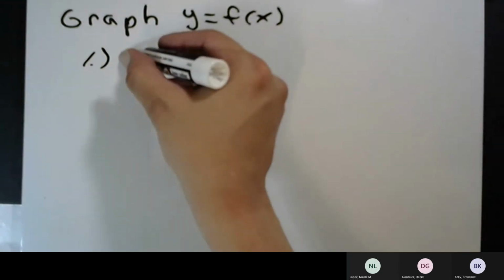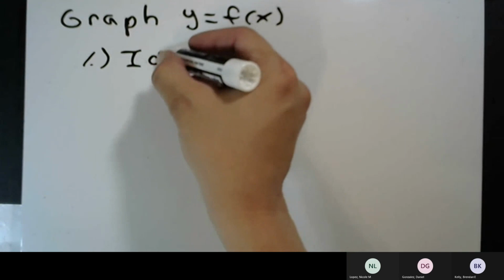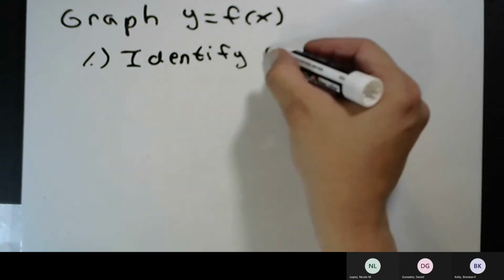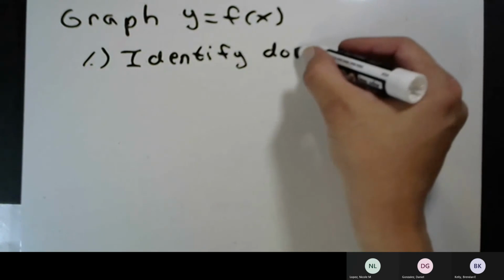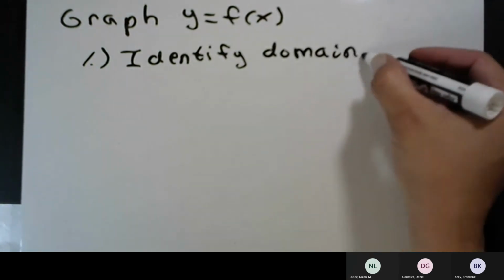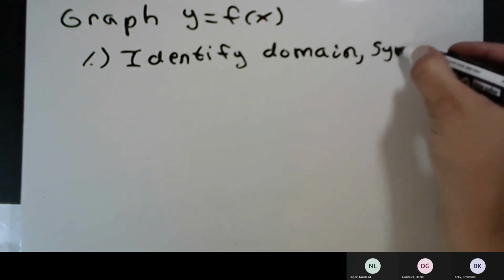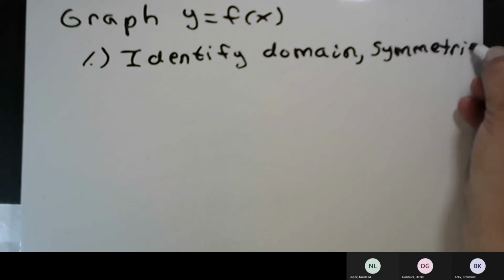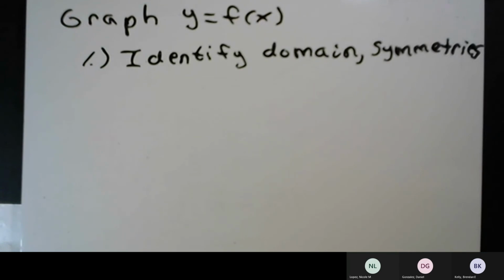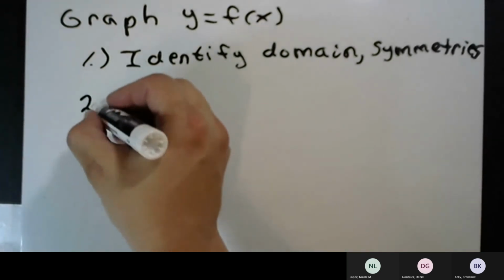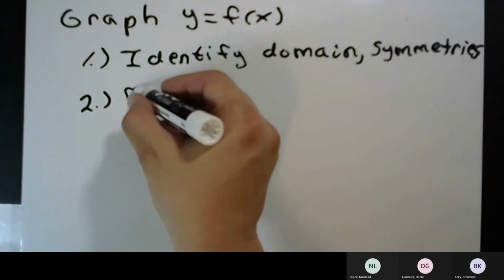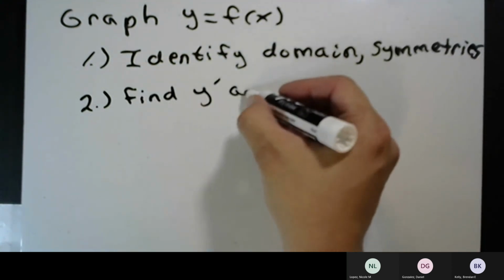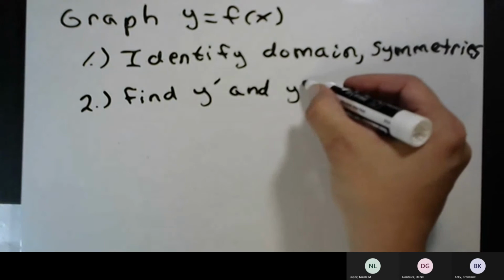So first off, we want to identify the domain and any symmetries. Two, we want to find y prime and y double prime.